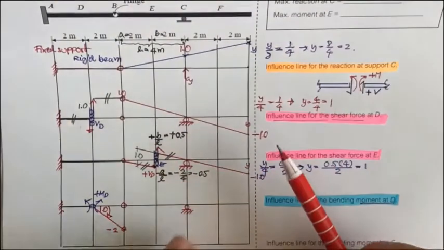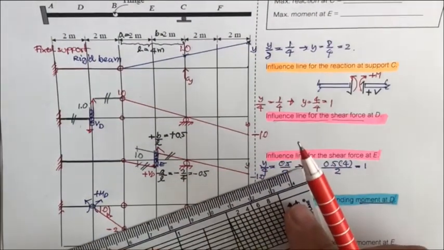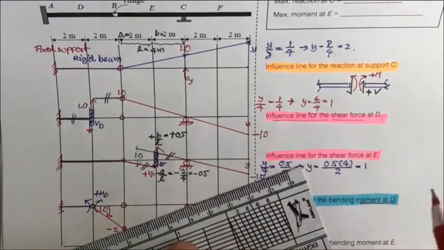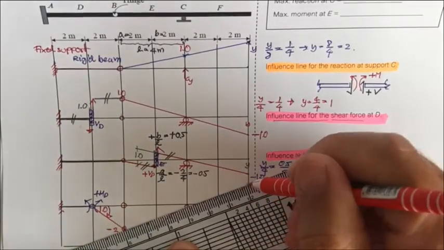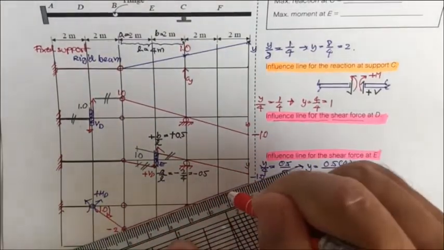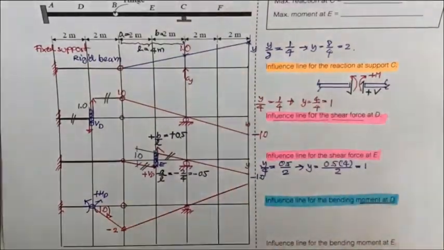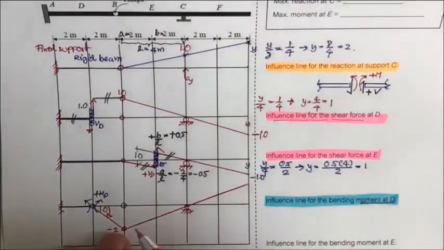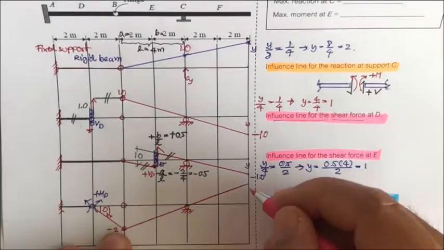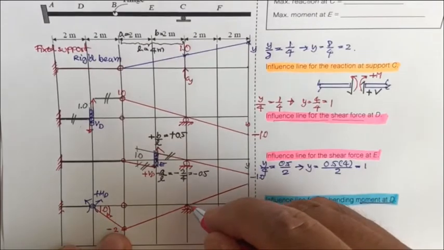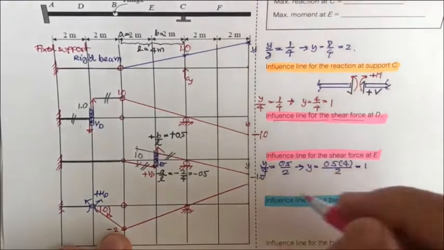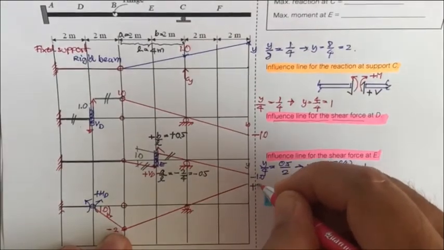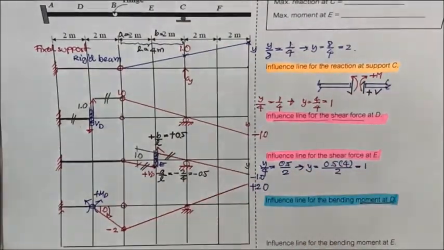All the beam segments must rotate in a straight line because they are rigid beams. If this one is minus 2 divided by 4, this one is y divided by 4, so we can calculate this to be plus 2.0.